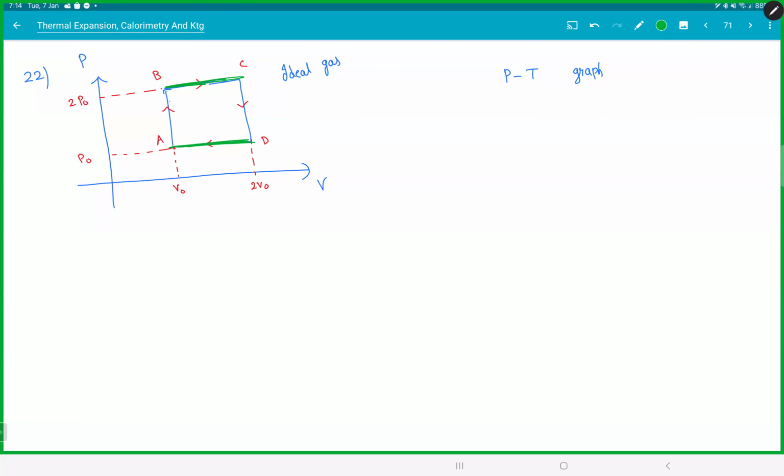Isobaric, na? BC and AD are isobaric. This AB and CD are isochoric. There, just now I showed you how to draw them in a PT graph. Now try. So this thing what I gave you has two isobaric and two isochoric processes.